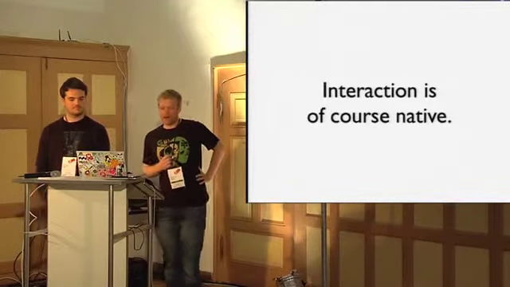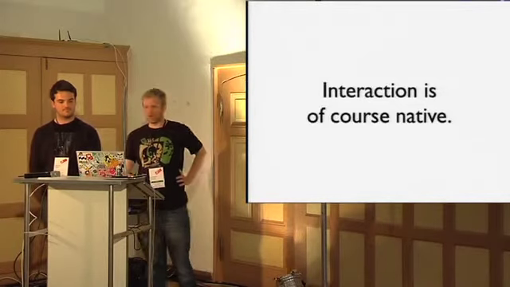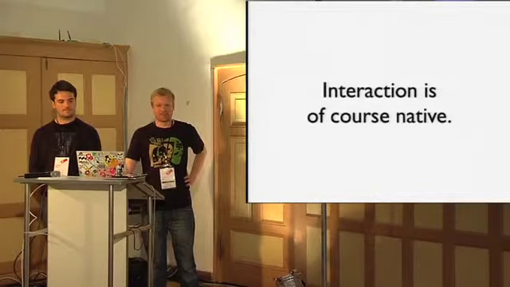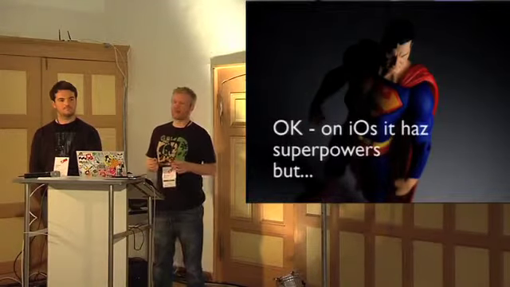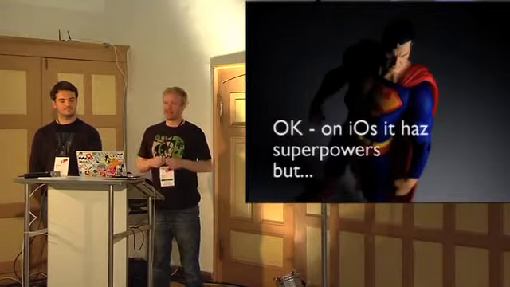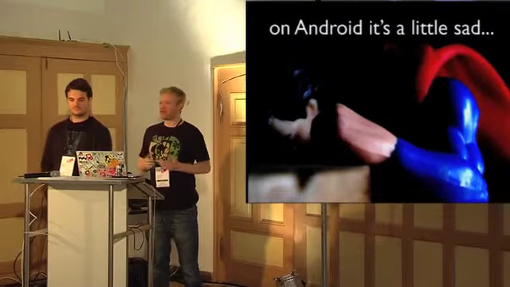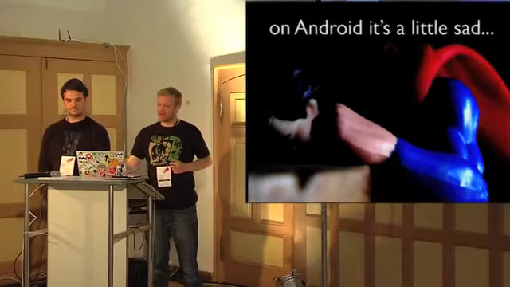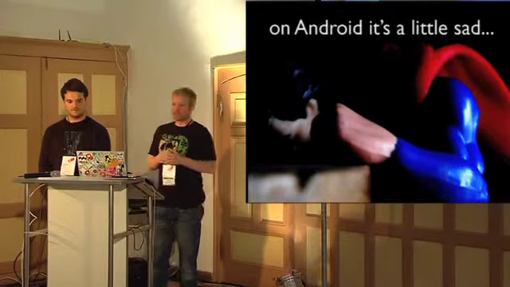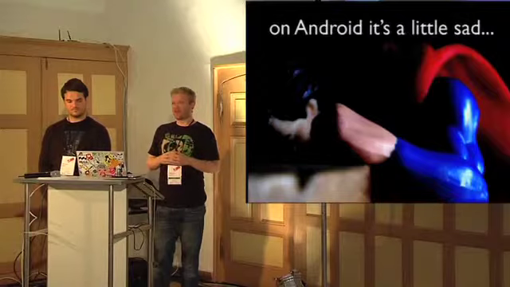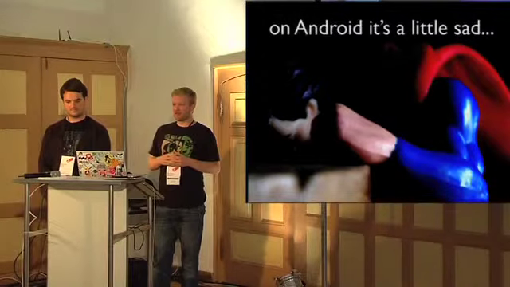So okay, on iOS it has superpowers, but on Android it's a little sad. All the nice transitions you do on iPhone, which run at full frame rate, don't run at full frame rate on Android, sadly. And on non-WebKit it looks more like this. Luckily, Firefox 4 implements transitions.